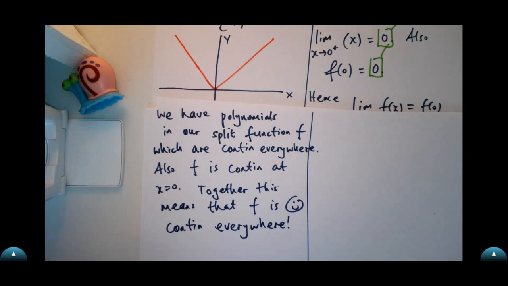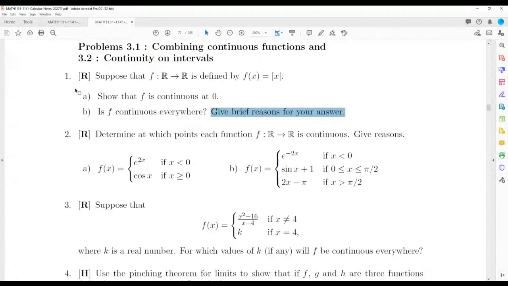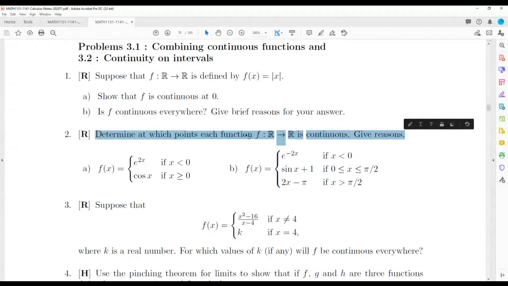All right. So let me go back to GeoGebra. Actually, no, I'll go back to the PDF. All right, so we answered part A and part B in question 1. Question 2 is also in this list. Determine at which points these functions are continuous and give reasons.